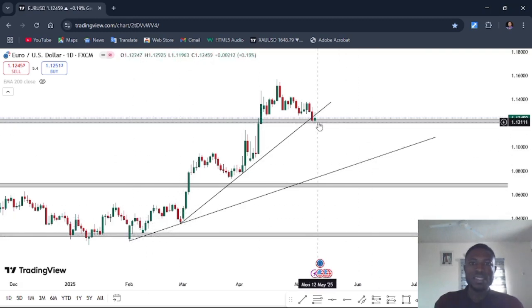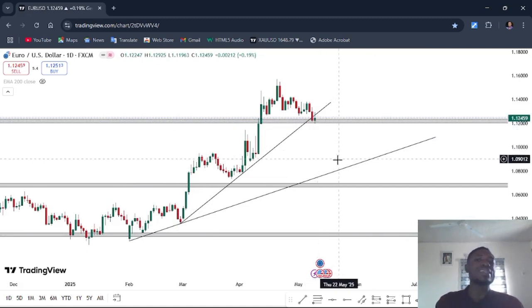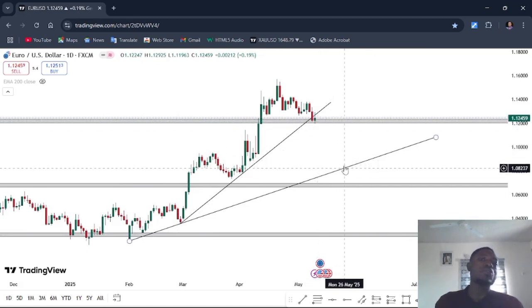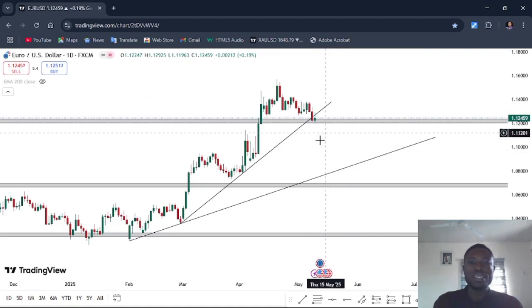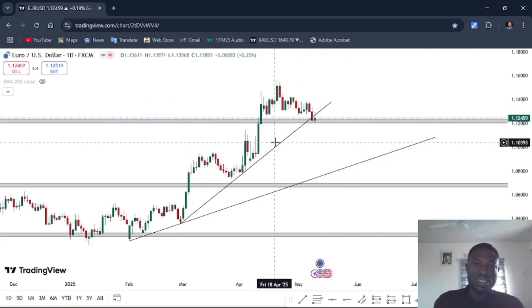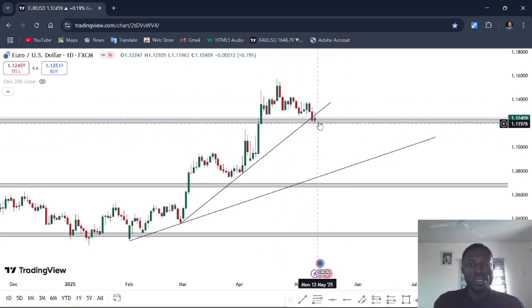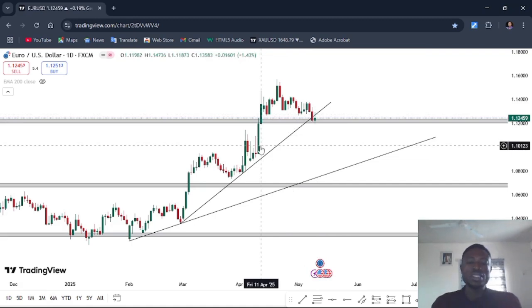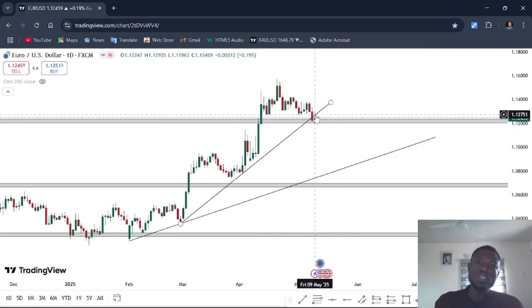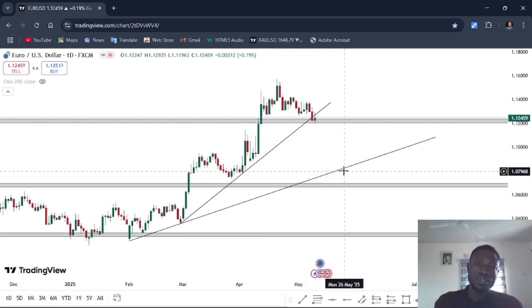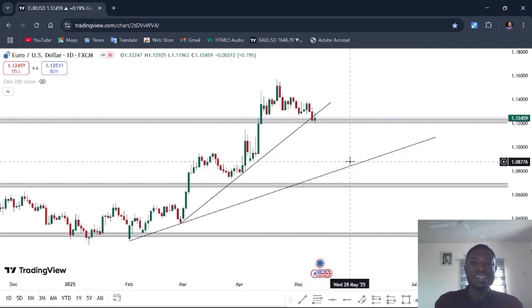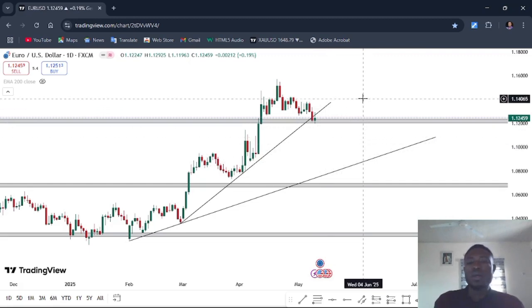And I can see that probably price might also want to come and test this trend line before we start heading up. I am not saying that Euro USD is bearish. No. Overall, it is bullish, but temporarily it might be bearish, right? So price might want to come and test this particular zone before we continue heading up.